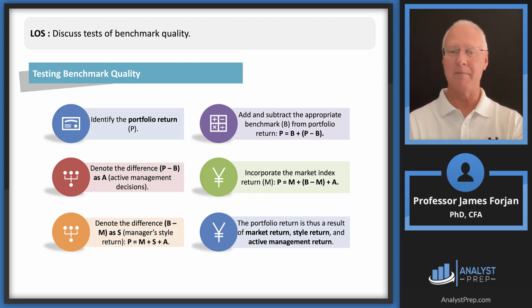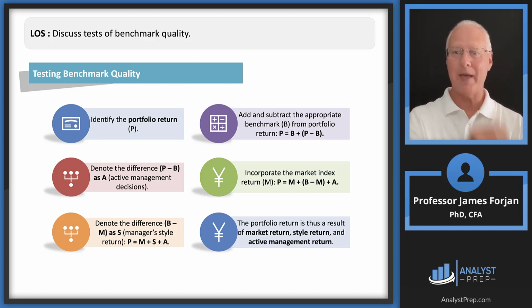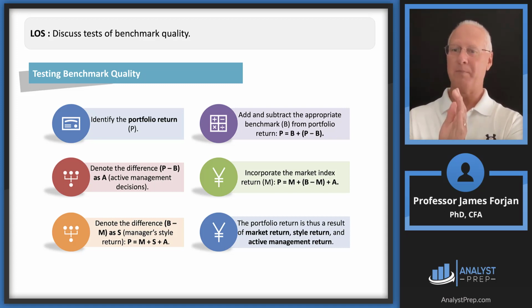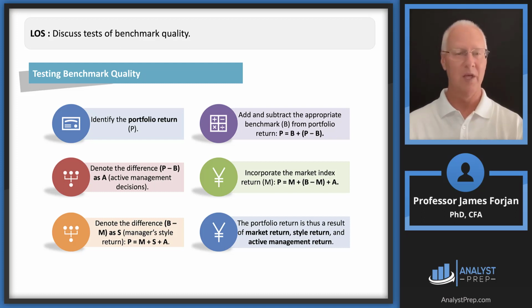But then, and this is a math trick going back to algebra, let's add and subtract the same number from the right-hand side of the equal sign. That's what we're doing over in the purple circle. We're going to add and subtract a benchmark return. So we're going to say P is equal to B plus, and then we're going to put parentheses around P minus B. So there's a plus B and a minus B over there, which means that we're not changing the equality.